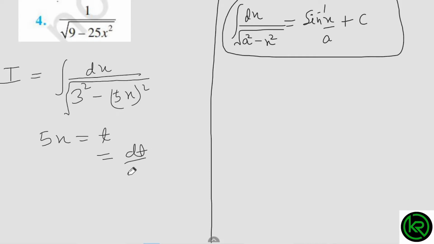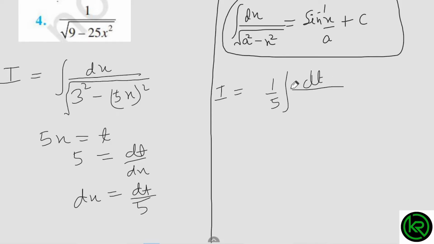x. You will get dt by dx equals 5 and dx equals dt by 5. So I will be equal to 1 by 5, which we will take outside, and dt upon under root 3 square minus t square. So it becomes the same as the formula.